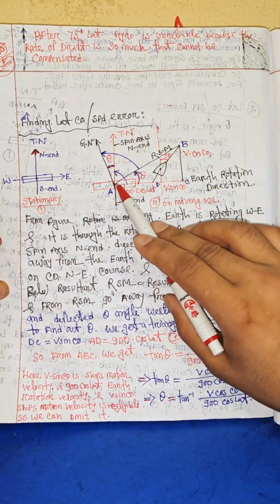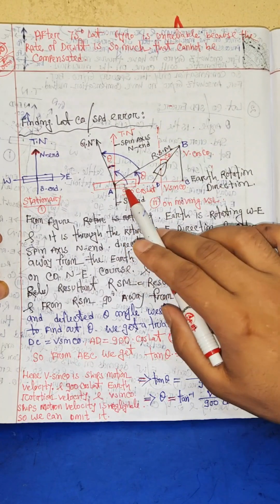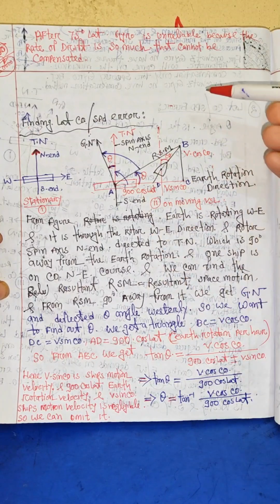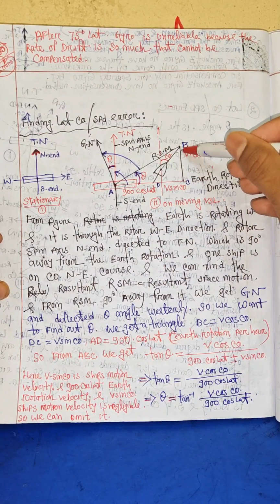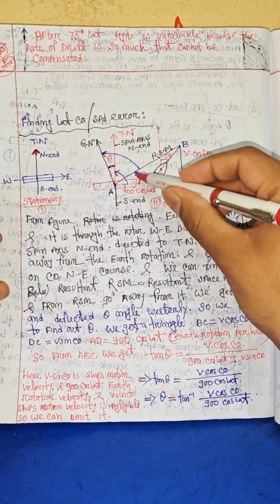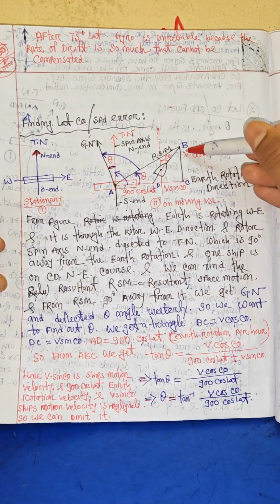Here this one you can find. Here I find this RSM, and this is my base, this is the angle, and this is the height. From B to C, this is the height. So in this triangle I'll find this angle, guys.